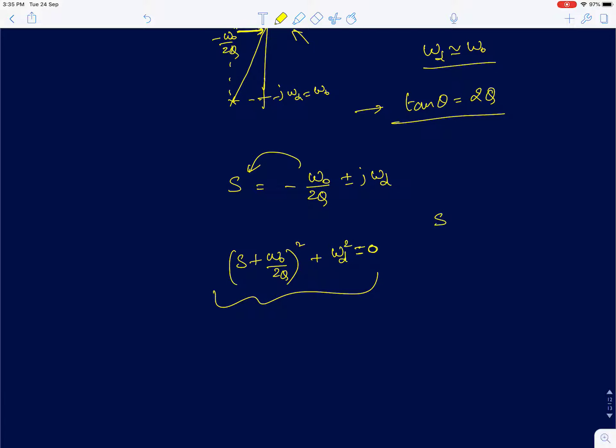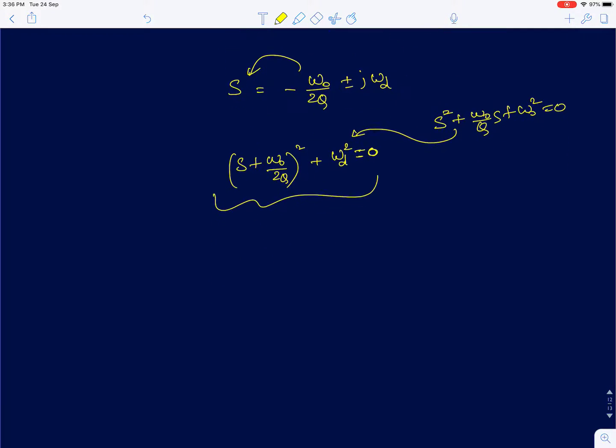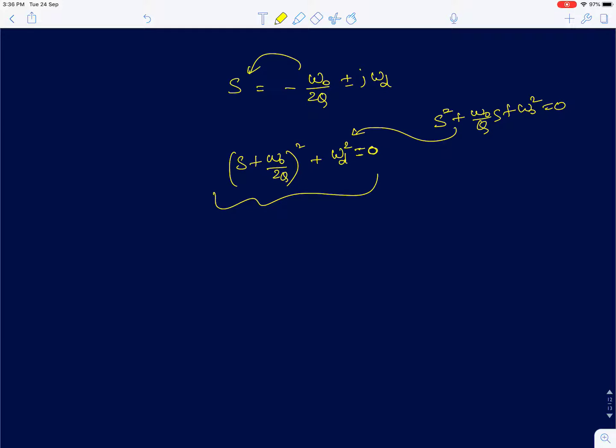Initially the characteristic equation was s square plus omega naught by Q s plus omega naught square equals 0. Now we just modified it to this form. Now I'll substitute this in the expression, which is V naught s by s plus omega naught by 2Q the whole square plus omega d square.